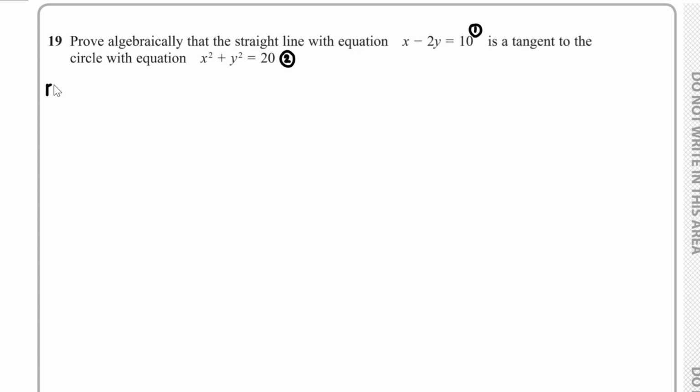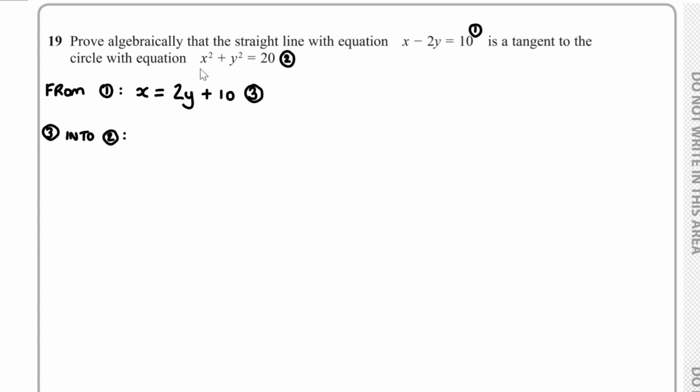from equation 1 we can rearrange to say that x equals 2y plus 10. We will call this equation 3. Now we will substitute equation 3 into equation 2.